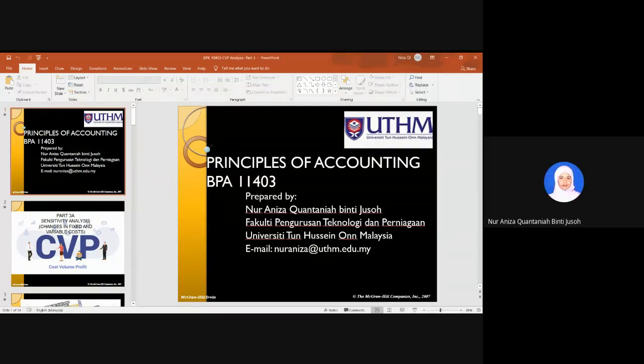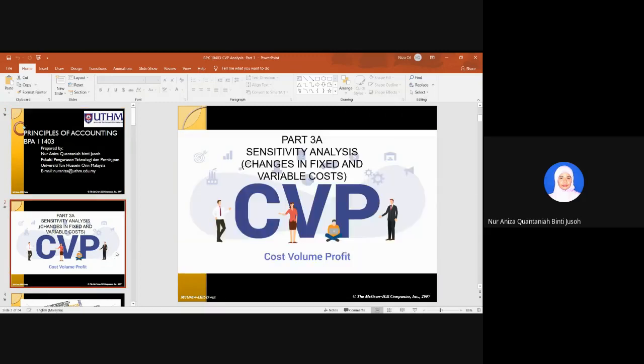Now we're going to use the information that we have already learned in the previous part to look at sensitivity analysis. This is when there are changes in fixed and variable costs.